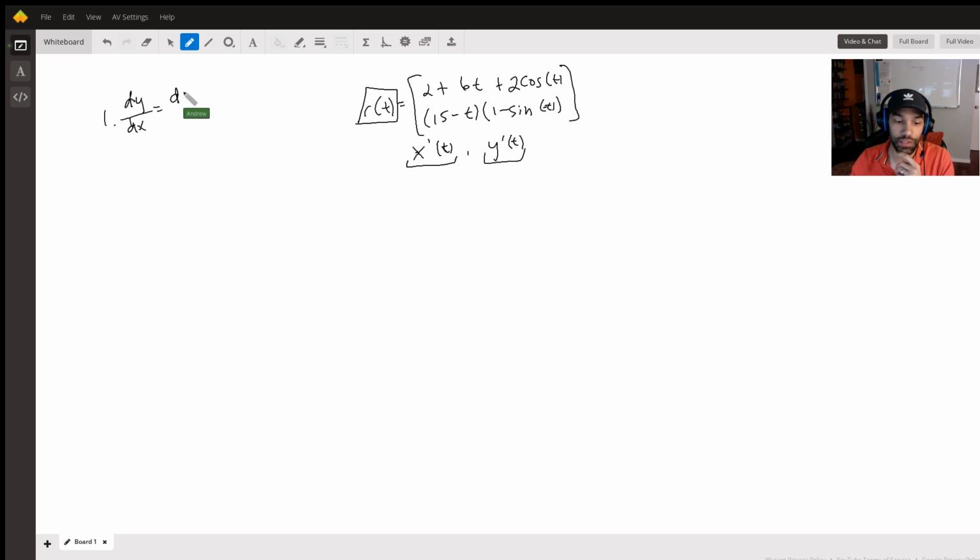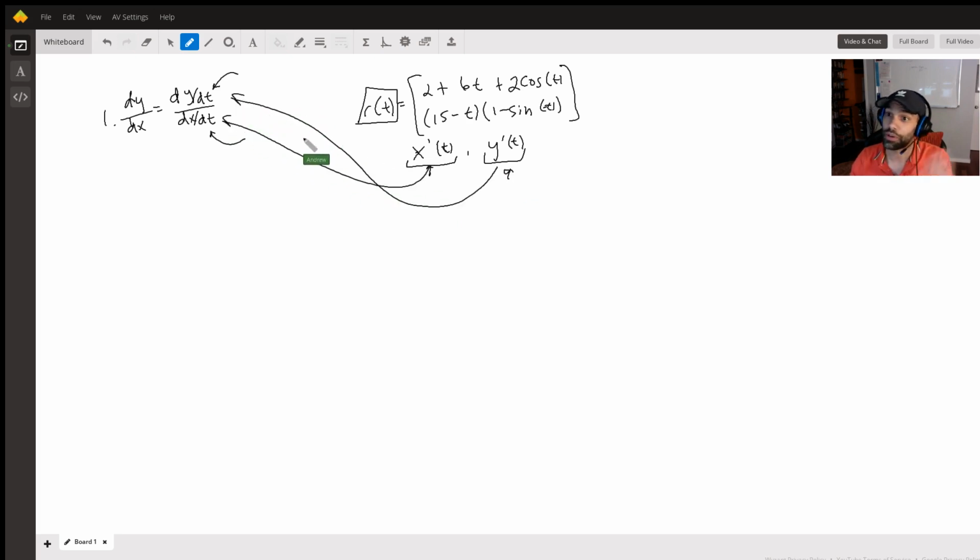To find the derivative of a parametrically defined function, dy/dx equals dy/dt over dx/dt, where each of these are the derivatives of those parametric components. Luckily, we are given these right here and here. So this is as simple as plugging these into this equation, evaluating, plugging in t, and you're done.